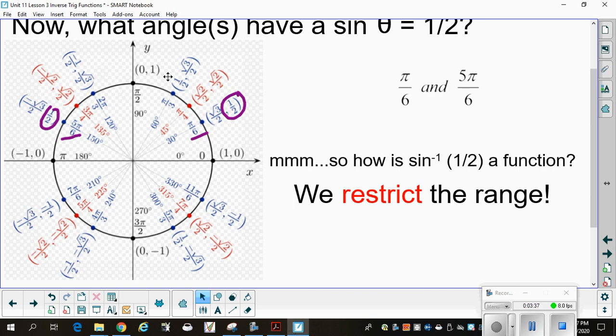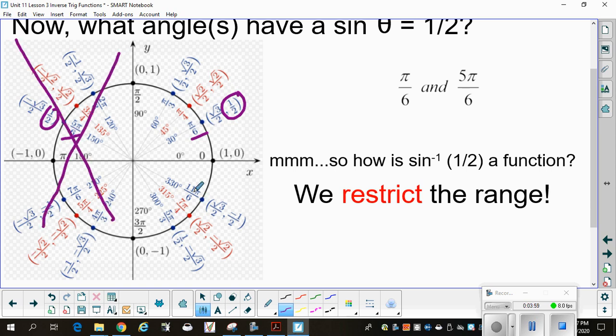Notice that over here, if you want to take a look, root 3 over 2, root 3 over 2, root 2 over 2, root 2 over 2, 1/2, 1/2, 0, 0, -1/2, -1/2, negative root 2 over 2, negative root 3 over 2, negative root 3 over 2. What we're going to do is ignore essentially this half of the unit circle and only go from here to here.